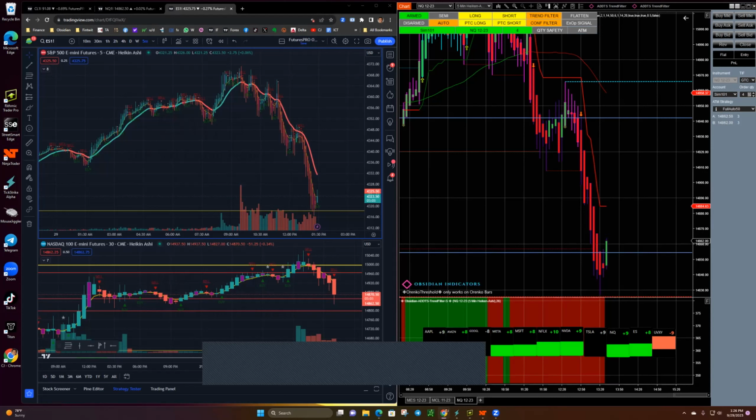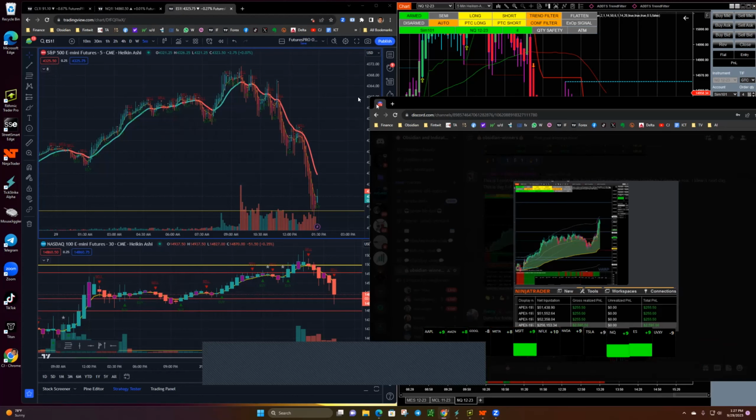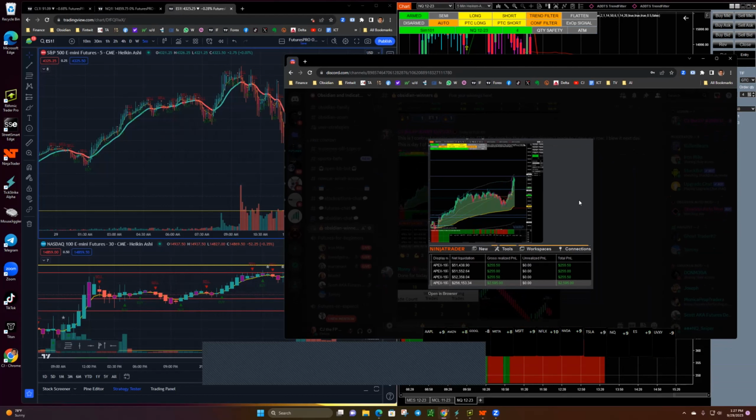Okay, so just to give you an idea of what had taken place this evening, actually overnight, I had one contract on. These were micros and this was a mini, just one contract overnight. And basically it took it all the way up to over 500 ticks of profit.